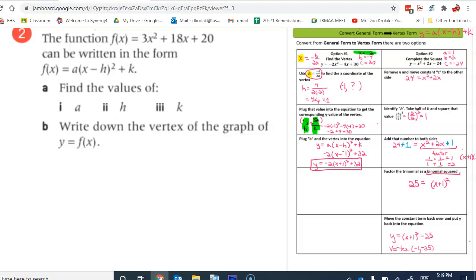If I was doing this one, it would probably be easier to do the first option, because when I do completing the square, I'm going to have to divide everything by 3. That means I'm going to get a fraction, because 20 doesn't divide evenly by 3.